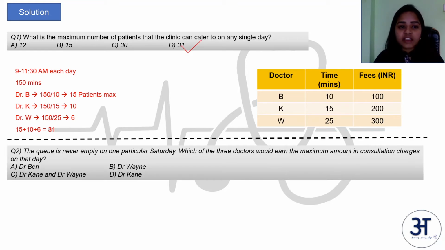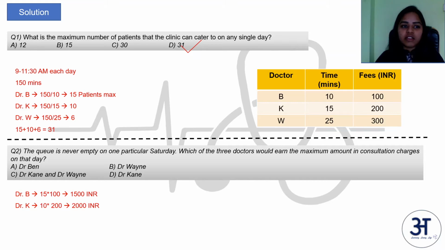The queue is never empty on one particular Saturday. Which of the three doctors would earn maximum amount of consultation charges on that day? So for the queue to never be empty, the case should be same as what we have seen in question 1, that each doctor will treat the entire time. So in that case, Dr. B will be treating 15 patients and will be earning 15 into 100, that is fee per patient, so 1500.